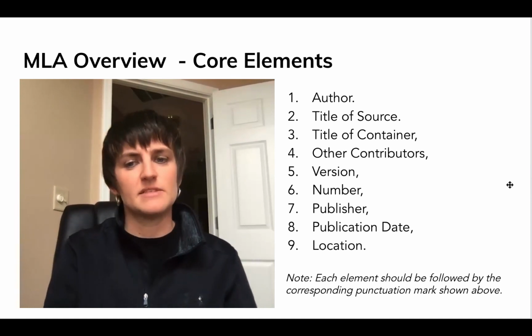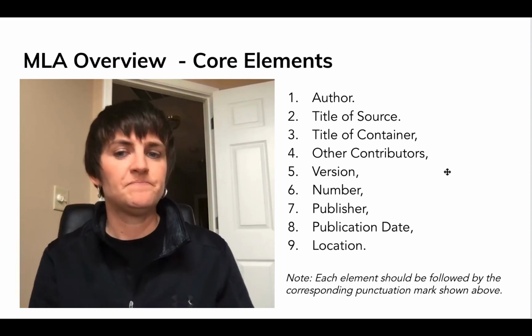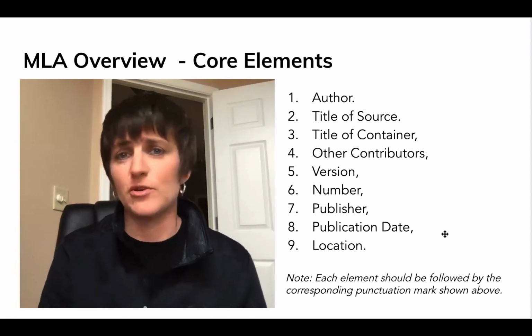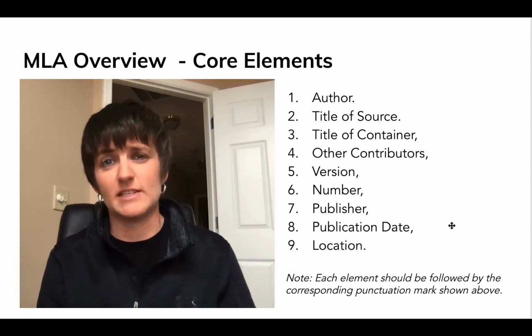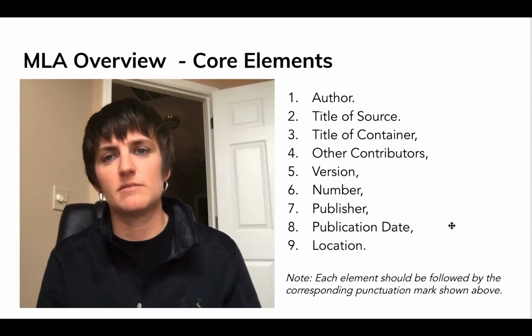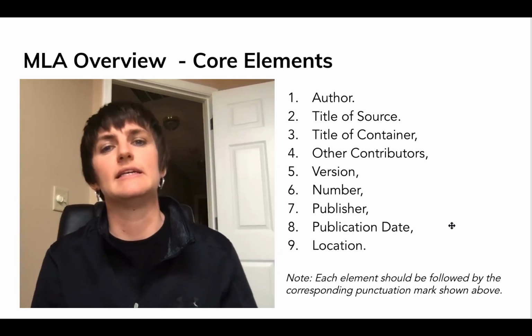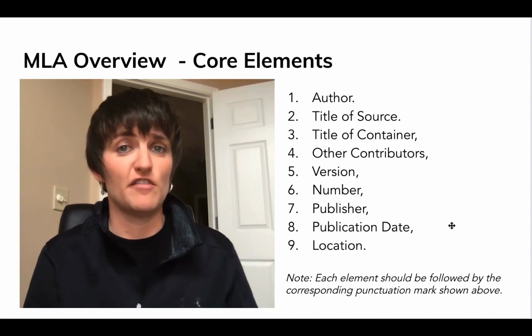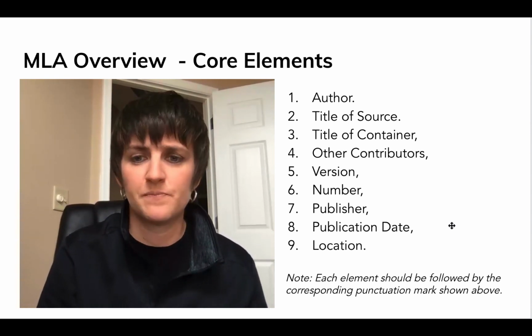Then next comes the title of the container, followed by a comma. Then if there are other contributors, so sometimes there are editors of books, sometimes there are translators, with multimedia sources, sometimes there are directors, or sometimes you might list actors that star in a film if that's relevant. So that's really what we mean when we're talking about other contributors.